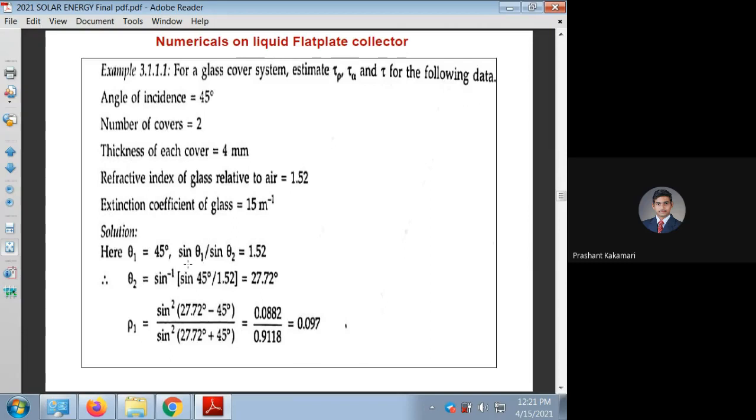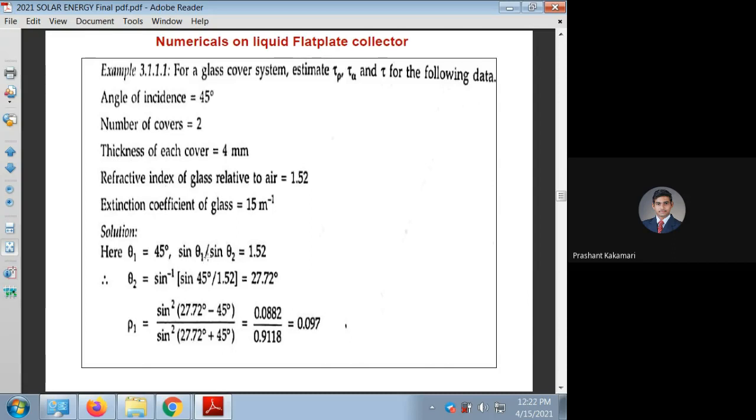Sin theta 1 by sin theta 2 is equal to N2 by N1, or I can write N1 into sin theta 1 equals N2 into sin theta 2. So sin theta 1 divided by sin theta 2 equals 1.5, the refractive index.